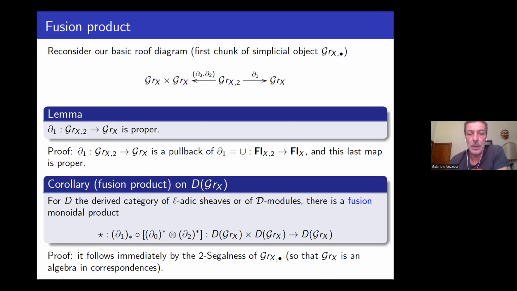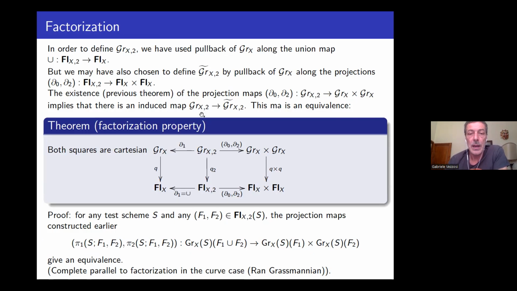Let me also say one more thing. Of course, this tilde construction: if you take this tilde construction, Gr_X^2 tilde, this again gives you a two-truncated simplicial object. So you can extend it coskeletally, and you get a simplicial object, Gr_X bullet tilde.